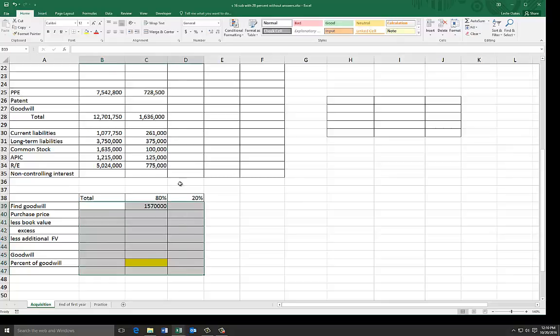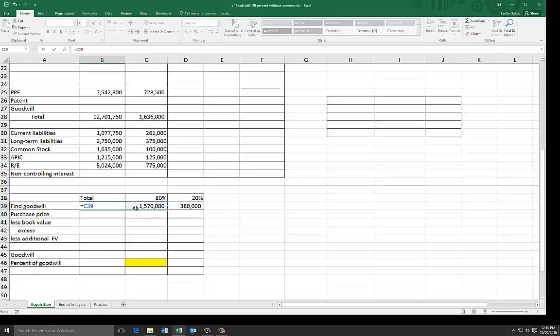We also know that at that time they estimated the value of the rest to be $380,000. If we add those together, the total value, had there been a purchase of everything, is $1,950,000. So that's the purchase price.